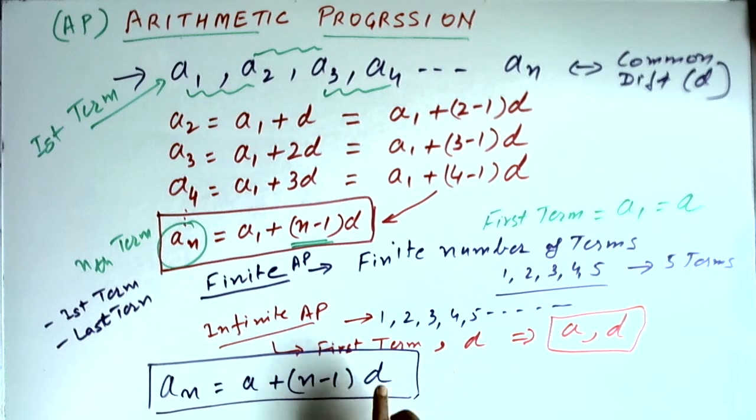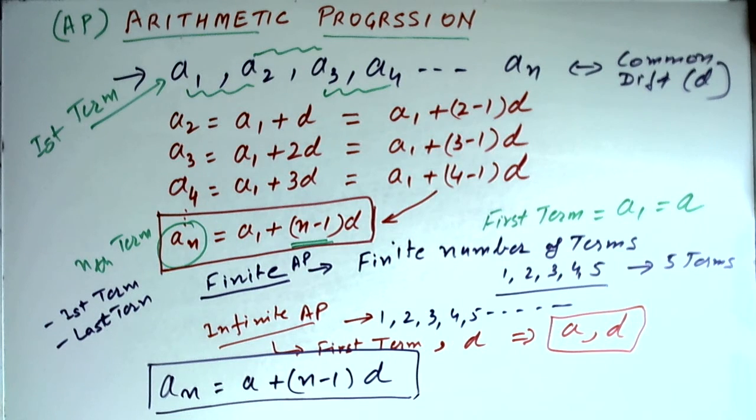In finite AP, we have a defined number of terms, and therefore we know the first term and the last term. Whereas in case of infinite AP, we only know the first term and the difference. So there will be an infinite number of terms, and that AP will go on till infinity.